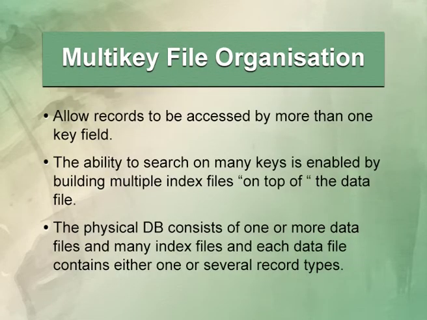So, next comes the multi-key file organization technique. Till now, we were accessing the record with only a key field, like we had seen in the sequential method, where the record is fetched using a key and it maintained some index file also.